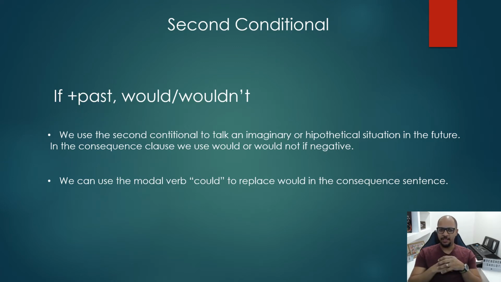And today we're going to start with the second conditional. How do you use the second conditional? Do you know? We use it for hypothetical situations, imaginary situations, okay? The second conditional is made with if plus past in the first clause, and in the next one we have would, or its negative, wouldn't.